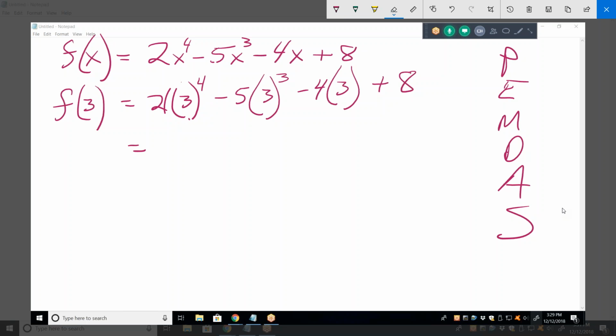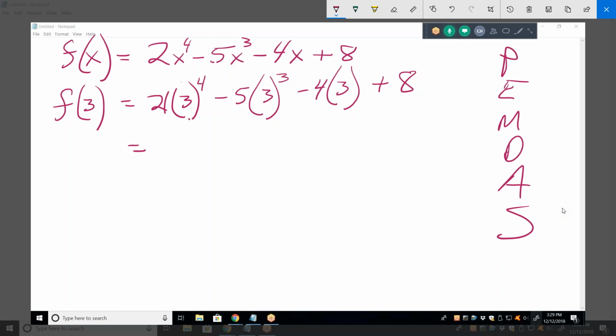3 to the 4th power is 3 times 3 times 3 times 3. 3 times 3 is 9, times 3 is 27, times 3 is 81. Notice that it's the same as 9 squared.